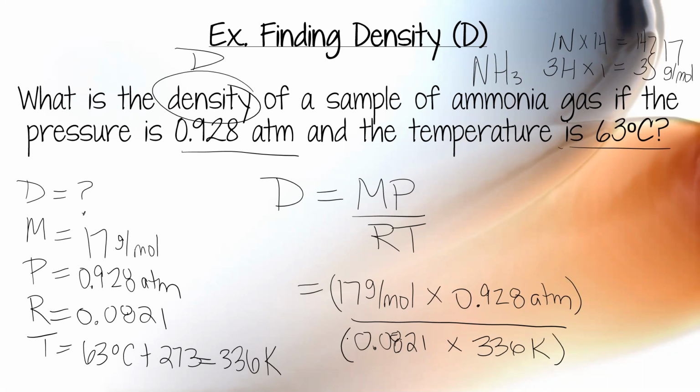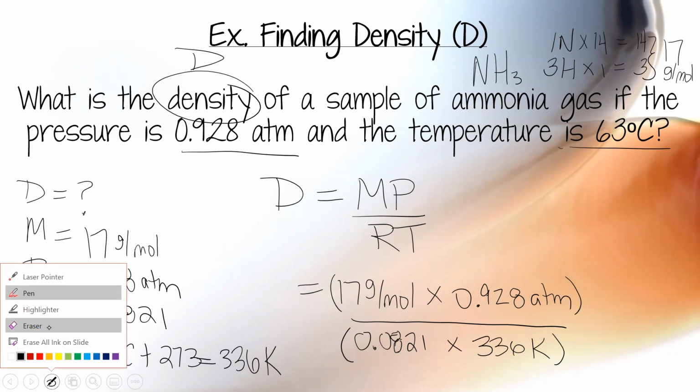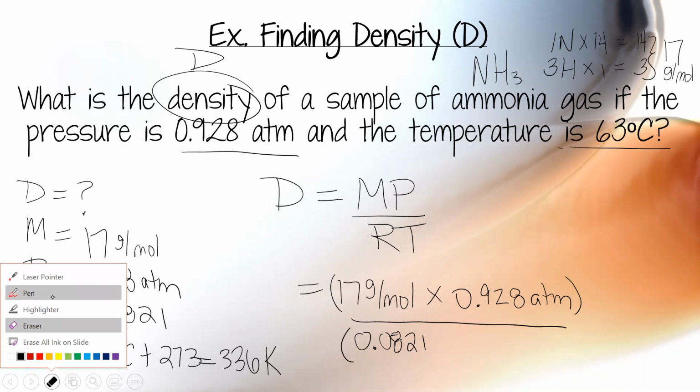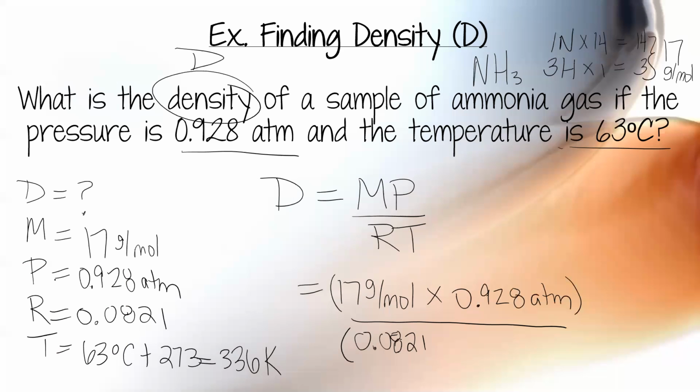Okay? Now, here's the confusing part. The units, actually, let me actually put the units in here. I want you to actually see how these units cancel out. So you're not like, where did she get those units from? Okay, so if you go back, R's units are liters times atmospheres divided by mole times Kelvin.